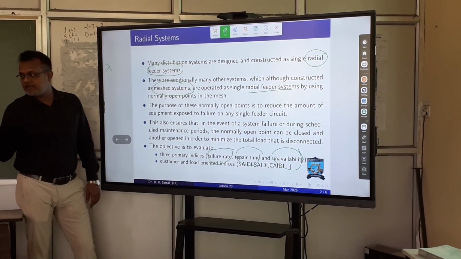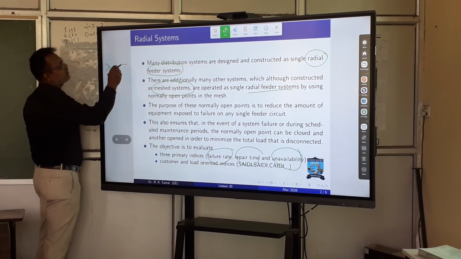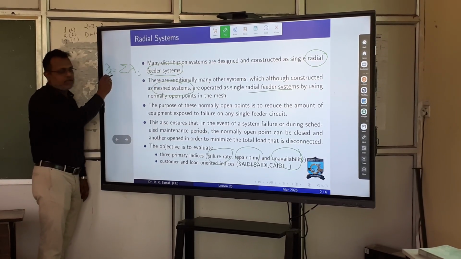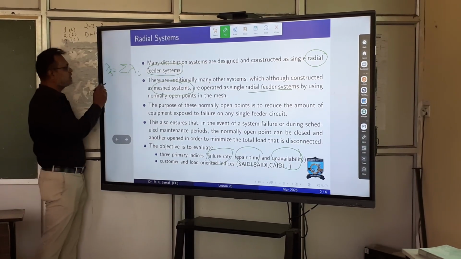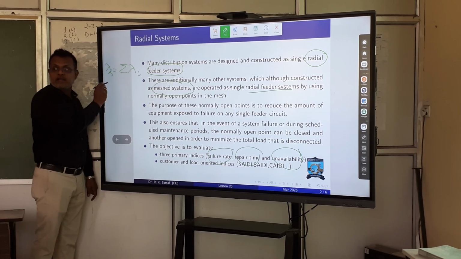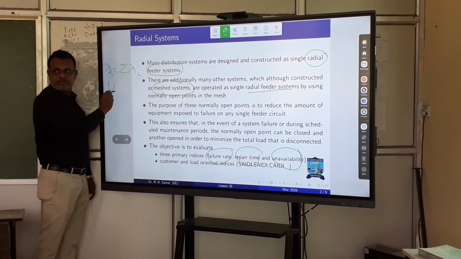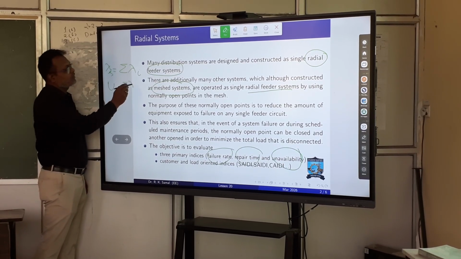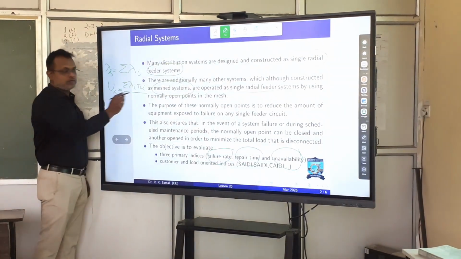Tell me, lambda, what is the formula? Lambda_s is the summation of lambda_i. It is like a series system, so it is simply the summation of the individual component failure rates. What was the other thing? U_s is equal to the summation of lambda_i times r_i.